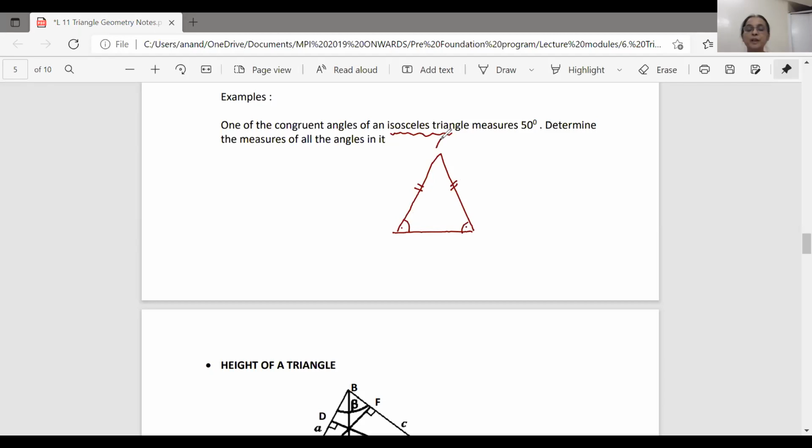When you make your own observation, you will always see that if these two sides are equal, say 5 centimeter, 5 centimeter, then these two angles will also be the same.